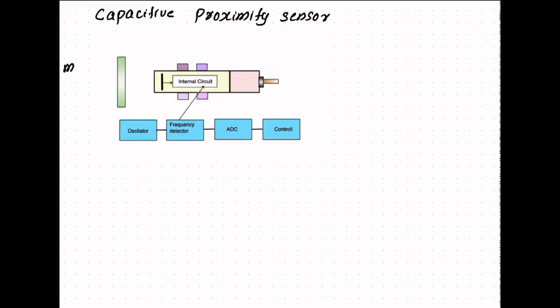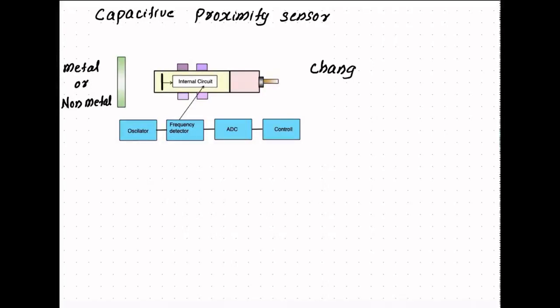Next is capacitive proximity sensor. Capacitive proximity sensors can sense both metallic and non-metallic objects, including liquid.